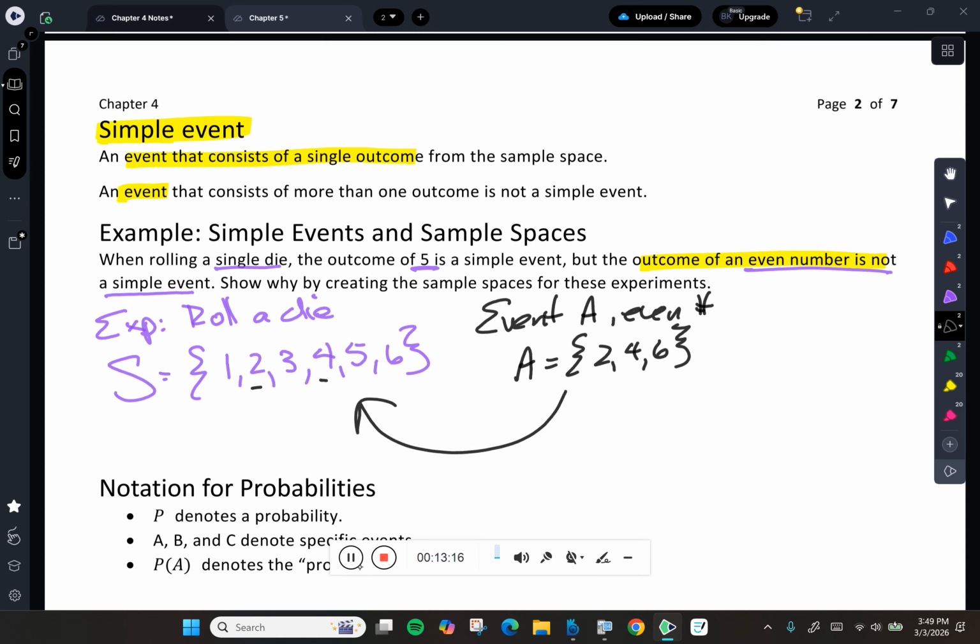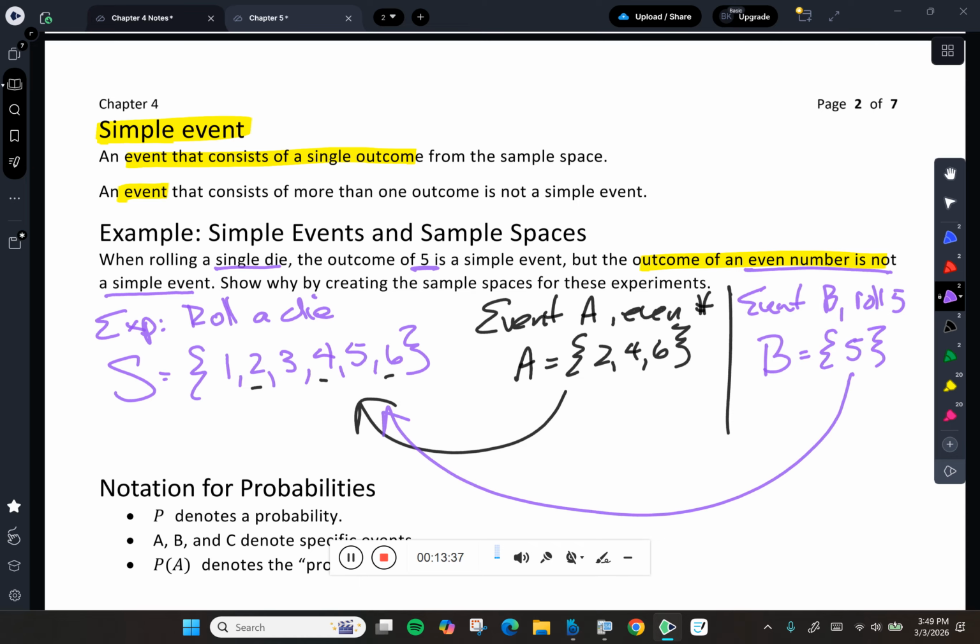So that is not a simple event because a simple event only has 1 thing in it. And if I called event B roll a 5, well, B is just that. It is just a 5. Well, that's 1 thing from the sample space, so we would call that a simple event.